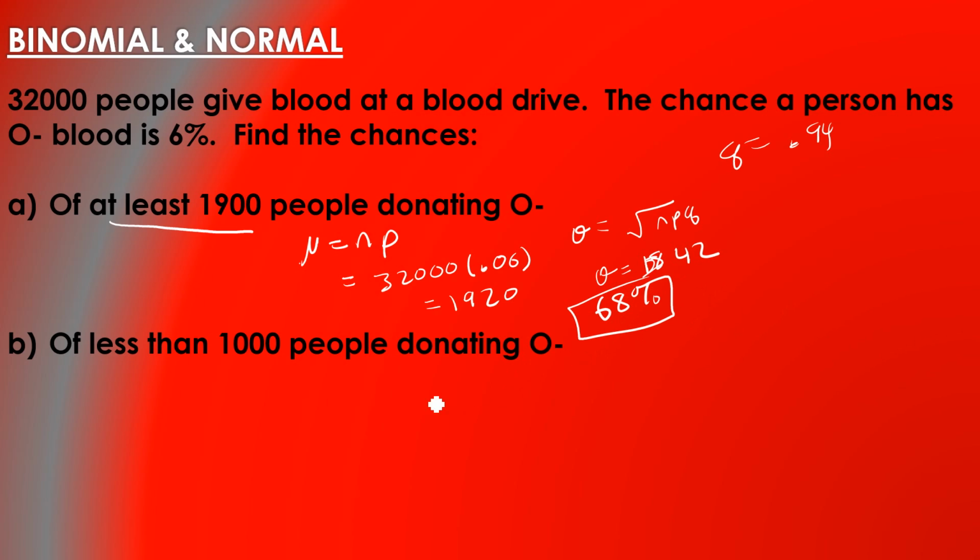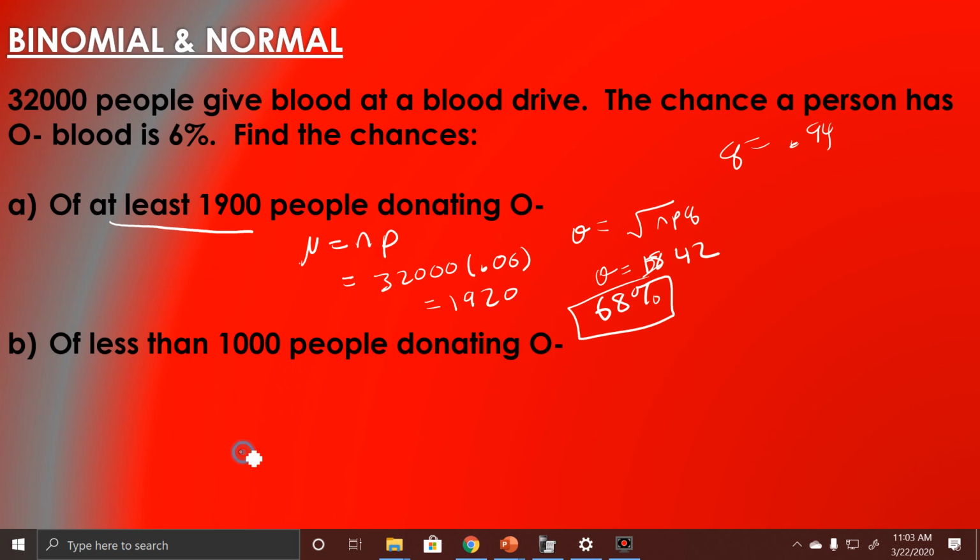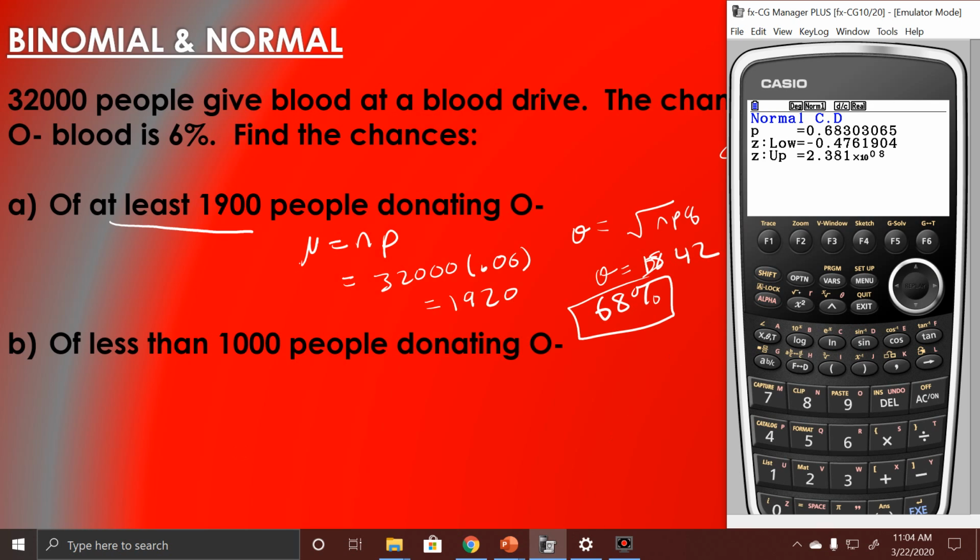So what about less than 1,000 people? Our mean and our standard deviation don't change, but the way that we would put this into our calculator does. I'm going to keep the mean and standard deviation the same, but this time my upper end, I want less than 1,000 people, so that means no more than 1,000.